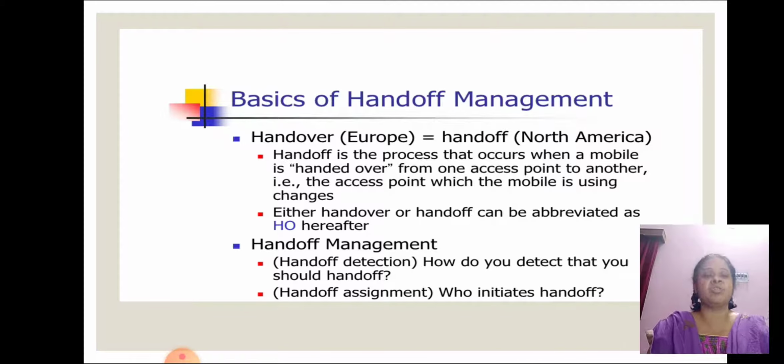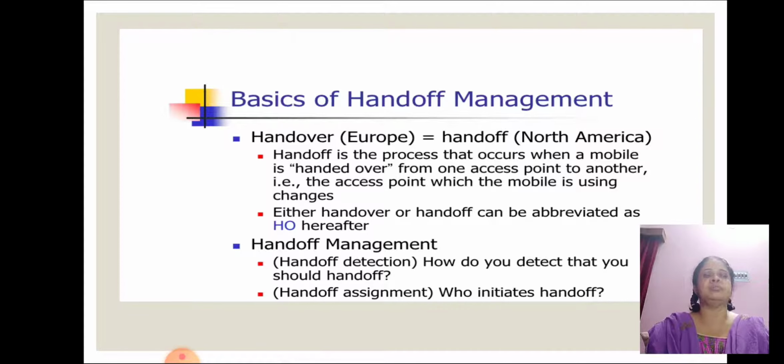Handoff is also called handover. In Europe it is called handover, and in North America it is called handoff. Handoff is a process that occurs when a mobile is handed over from one access point to another, that is, the access point which the mobile is using changes. Either handover or handoff can be abbreviated as HO.